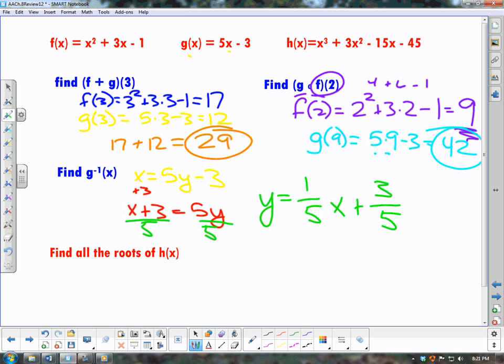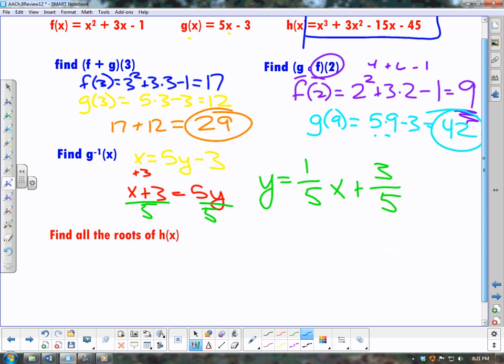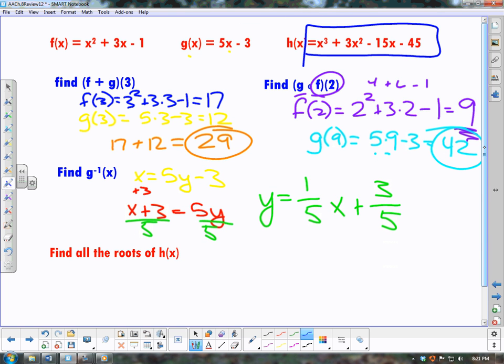And lastly, finding all the roots of h of x, that thing. Let's see, what is that? We've got 45, so the factors of 45 are 1, 3, 5, 9, 15, 45, plus and minus all of those.